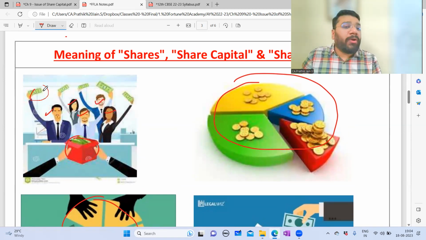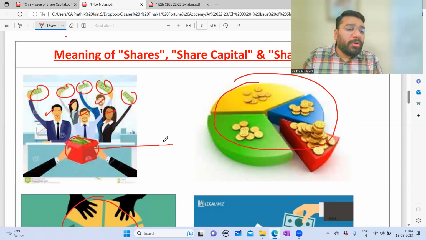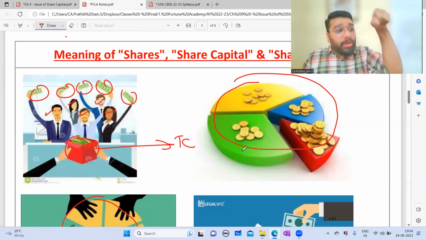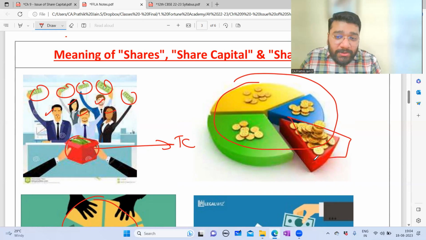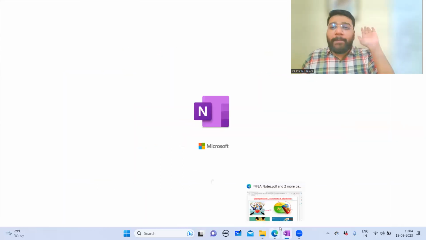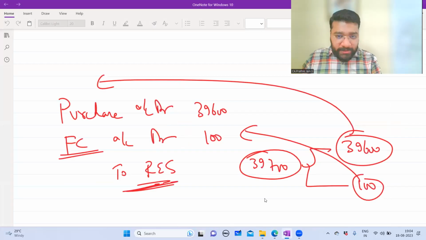So 5 people are contributing money to the total capital of the business. To the extent they contribute the money, to that extent they get a piece of share in profit. Let's suppose the total capital required by the company is 50 lakh rupees.